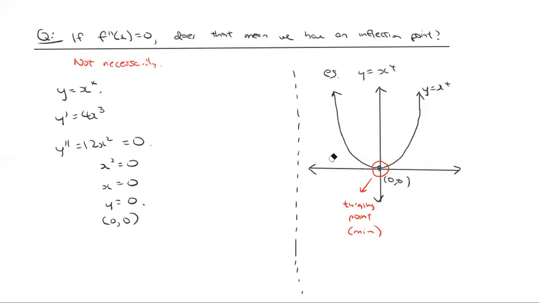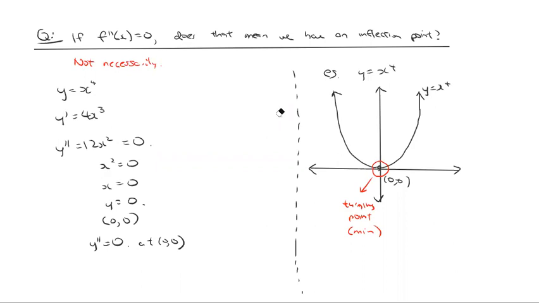And in fact, at (0, 0), I've got the second derivative equal to 0. Does that mean I have an inflection point? No, it does not.